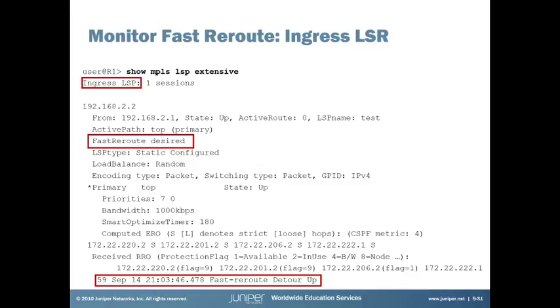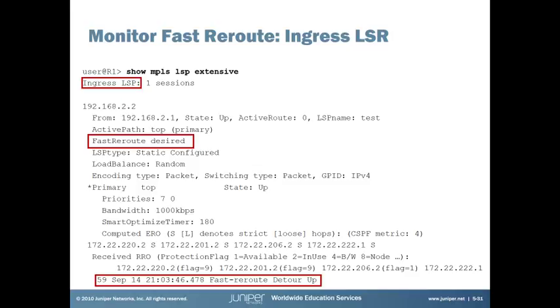If you were a customer, that would be something you would be interested in asking about: what protection mechanisms does your service provider offer you? If someone says, we'll offer you a VPN service and connect your sites together, it would be interesting to know what protection mechanisms that provider implements to protect your VPN. Do they use something like fast reroute to protect your particular VPN?